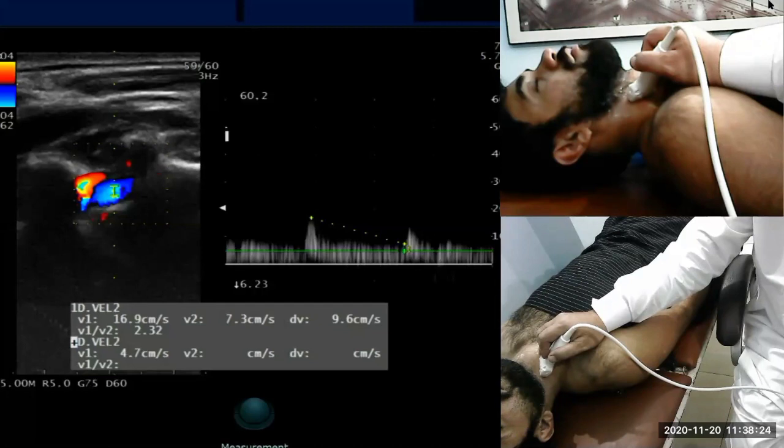The two vessels on the right and two on the left, all four are going to supply the brain, a vital organ.